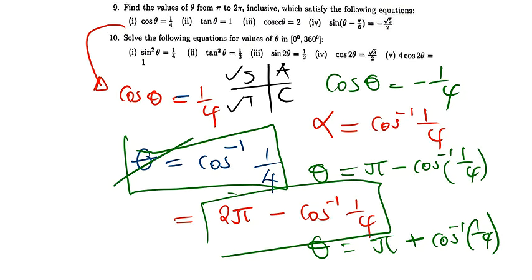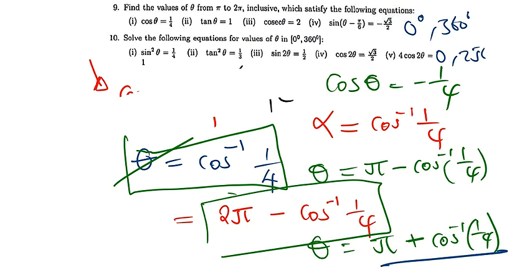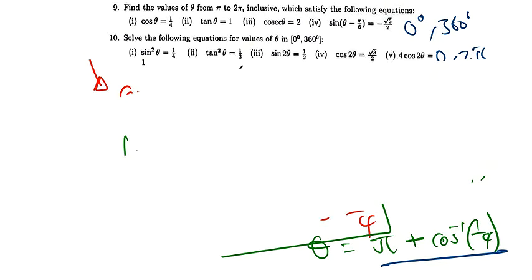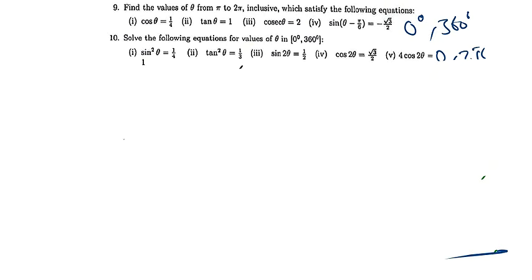And for the negative ones, the only answer that is between pi and 2 pi is this one. But where it is open to say from either 0 degrees to 360 degrees, or from 0 to 2 pi, all of these would qualify. So you end up with 4 solutions if we add both the negative and the positive, and that would usually occur in the case that is in question 10.